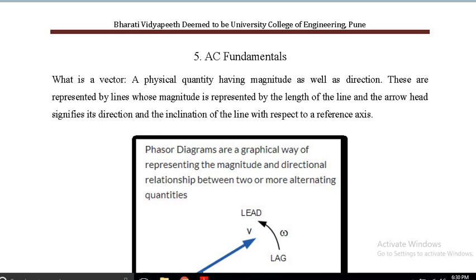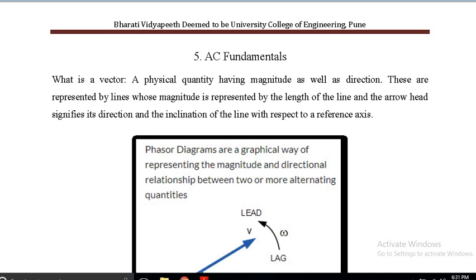Just to give you an example, when I say two vectors 2 and 2, it has got three different permutations and combinations. When it is scalar, it can be 2 plus 2 which is 4, but when it is vector, it can be 2 plus 2 which is 4, it can be 2 plus 2 which is minus 4, it can be 2 plus 2 which can also be 0. And why can these three different cases arise? This is because of the direction.